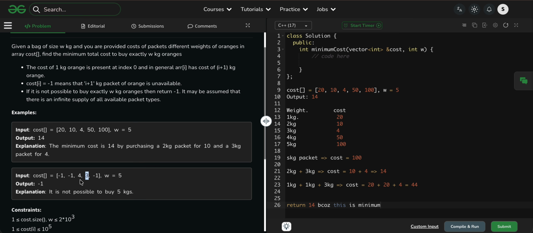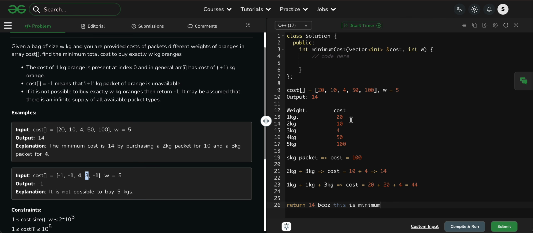If we go with brute force, brute force says: take a packet, I can take this packet, right?